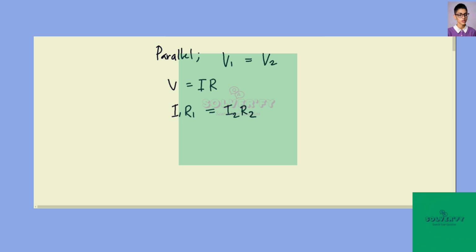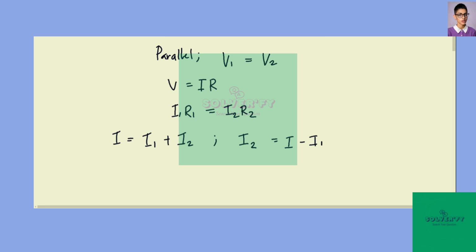But the total current for parallel is equal to the current in R1 plus the current in R2. So therefore, we have I2 is equal to I minus I1.